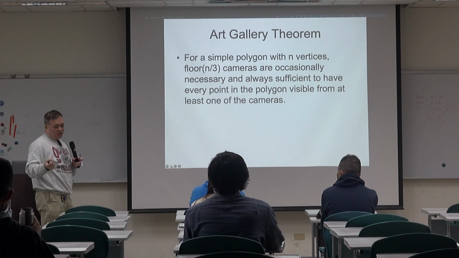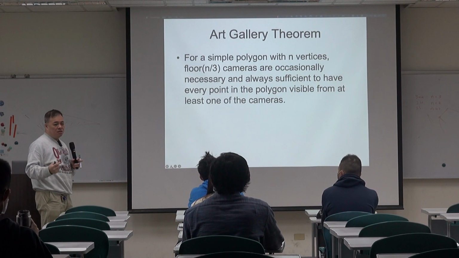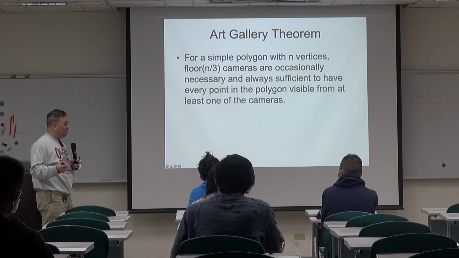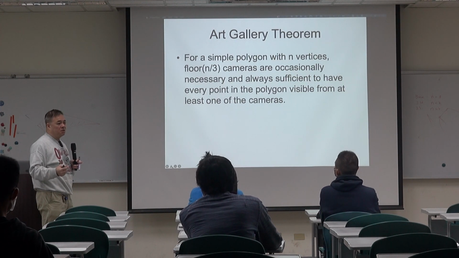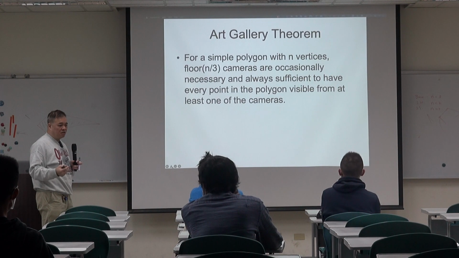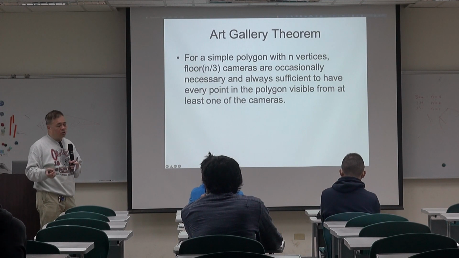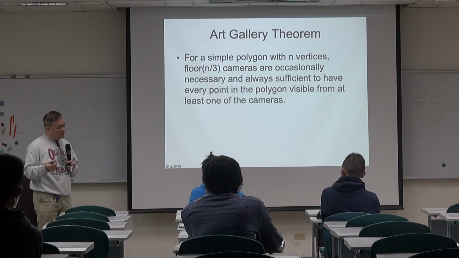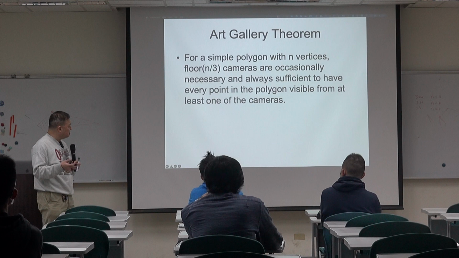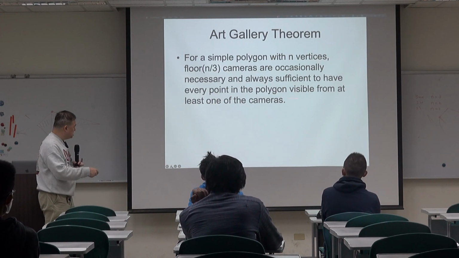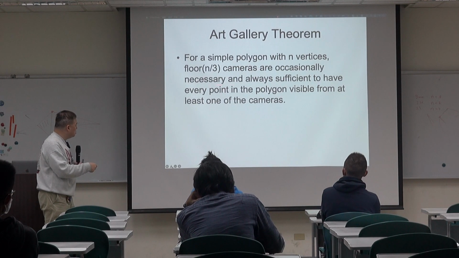We just need one camera, maybe at one vertex. That'll be good enough if it's a convex shape, because remember, the camera can rotate, right? So in that case, one camera is enough. But n divided by 3 is always sufficient and occasionally necessary.